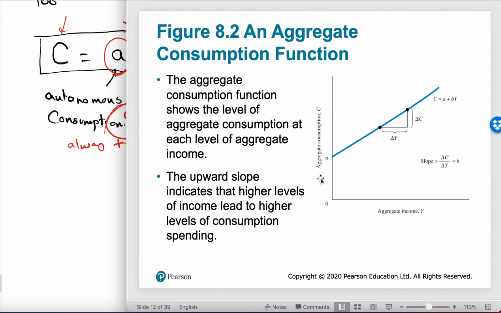The slope represents the marginal propensity to consume, and we are testing whether this is less than 1. It is positive and less than 1, and this test has been done over and over, and we have come up with the same conclusion: yes, the marginal propensity to consume is positive and less than 1.